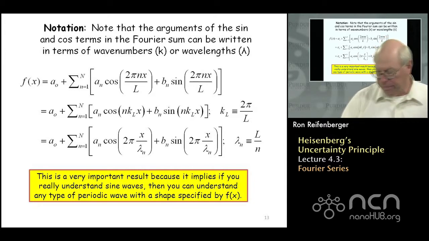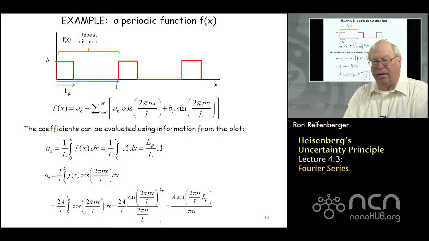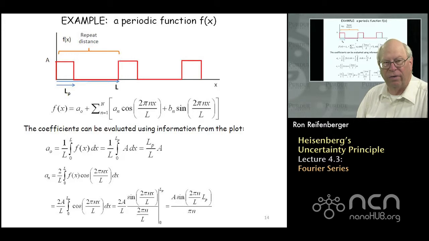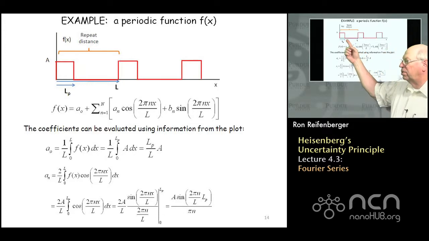So to try and nail down these ideas in a bit more concrete fashion, let's consider a very simple example, and let's just work through it, just to make sure that we all understand how the arithmetic works in this case. I'm going to take a periodic function which is comprised of a sequence of pulses.